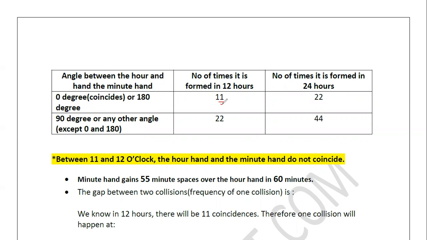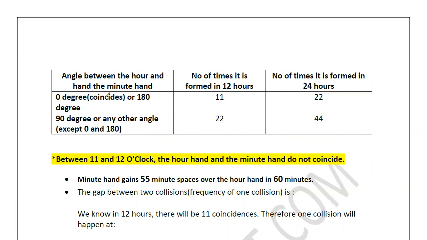The hour hand and the minute hand coincide 11 times, and the only time that they do not coincide is between 11 and 12 o'clock. If you try to visualize a clock and see the pattern, you will be able to understand this. 0 degrees means when they are overlapping each other, and 180 degrees means when they are completely opposite each other, like on a straight line.